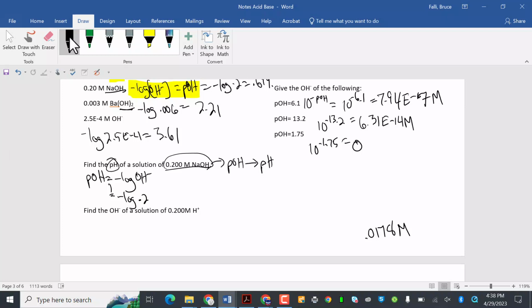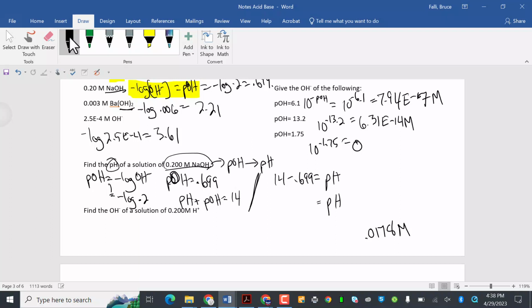Negative log 0.2 is 0.699. So now I want to get pH. pH plus pOH equals 14.